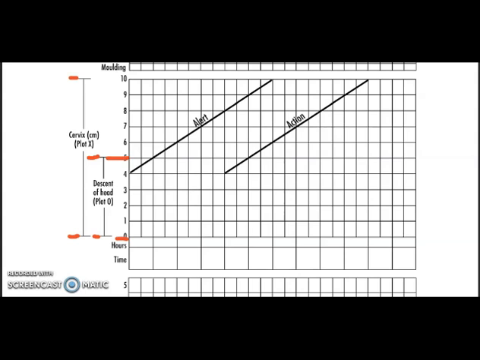So if only 4 fingers are accommodated by the fetal skull, you record on the 4 here. If it's 3 fingers, you record on the 3. If it's 2, you record on the 2. If it's 1, you record on 1.